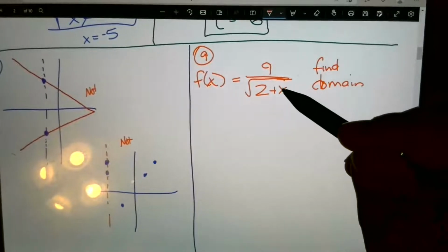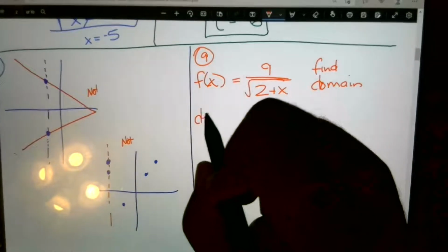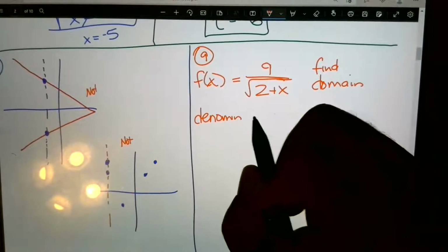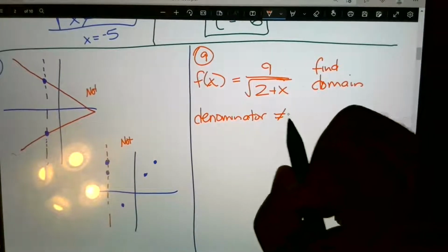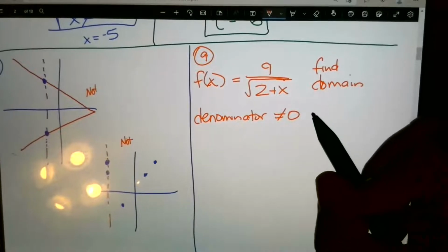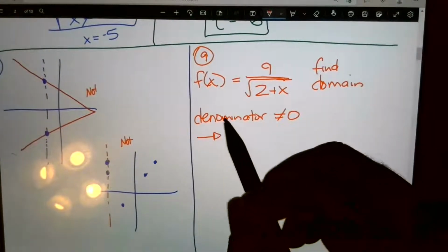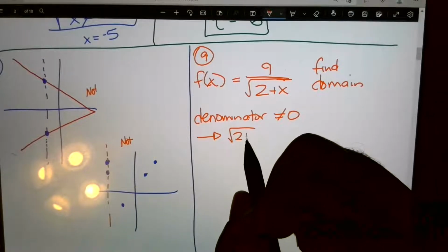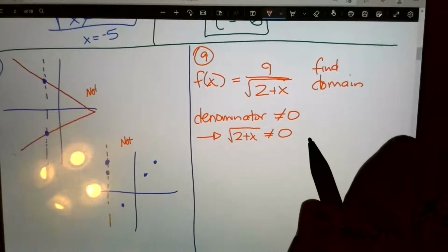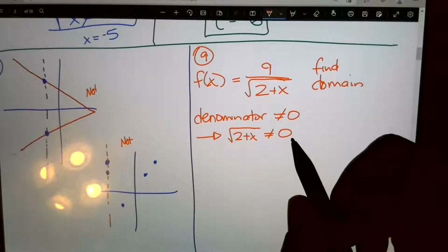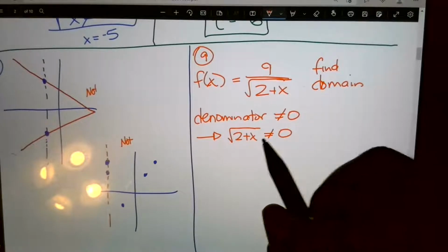So for the domain, we know that the denominator can never equal 0. It can be a negative number, but it cannot equal 0. So that means that root of 2 plus x cannot equal 0. But we also know that this number, well, that can equal 0.